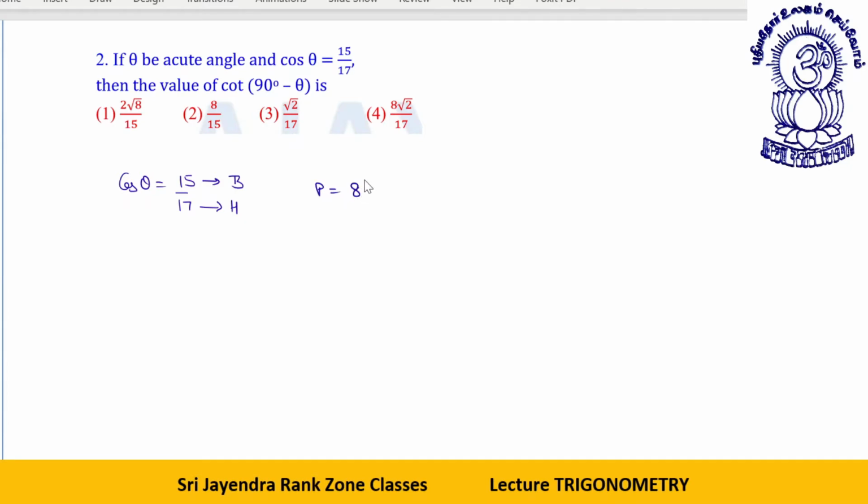P will be 8. Now what do you require? You require cot of 90 minus theta. What is cot of 90 minus theta? This is tan theta. Tan theta is what? P by B, or I can say 8 by 15. Do we have any such option? Yes. Option number 2 is our answer. Fine. Next question.